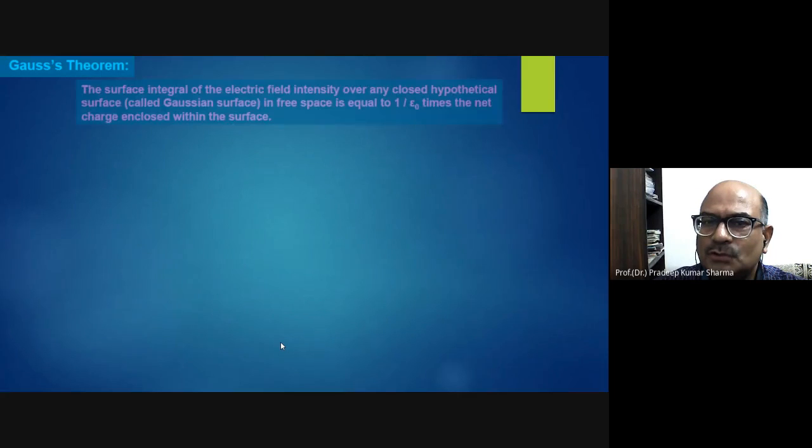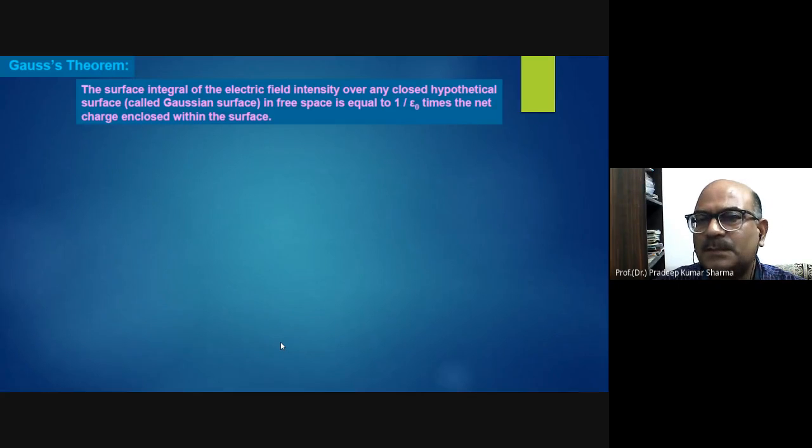Then Gauss theorem: we found that the surface integral of the electric field intensity over any closed hypothetical surface, also called the Gaussian surface, in free space is equal to 1 by epsilon naught times the net charge enclosed within the surface.